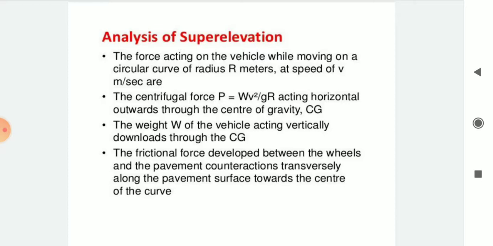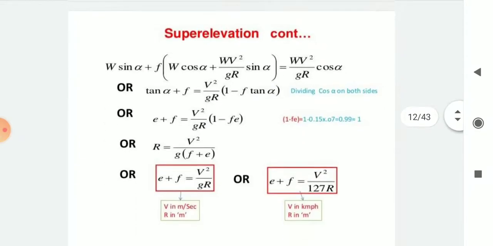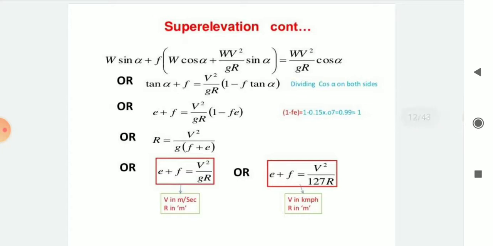The frictional force developed between the wheels and the pavement counteracts transversely along the pavement surface towards the center of the curve. So W sin alpha plus F into bracket W cos alpha plus W V square upon GR sin alpha bracket complete is equal to W V square upon GR cos alpha.